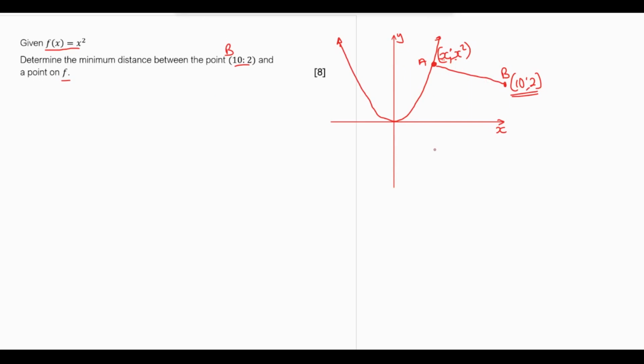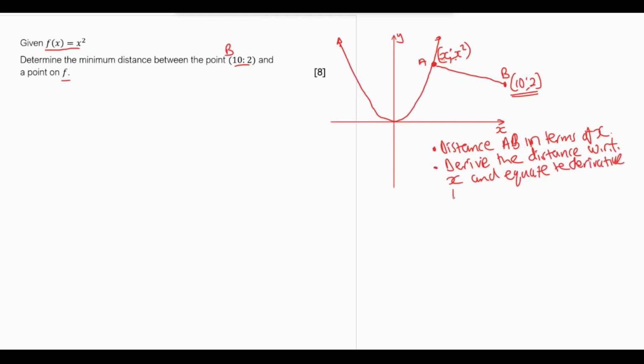We'll have to find the distance AB in terms of x. And then after finding the distance AB in terms of x, we are going to derive the distance with respect to x and equate the derivative to 0. Why are we doing that?